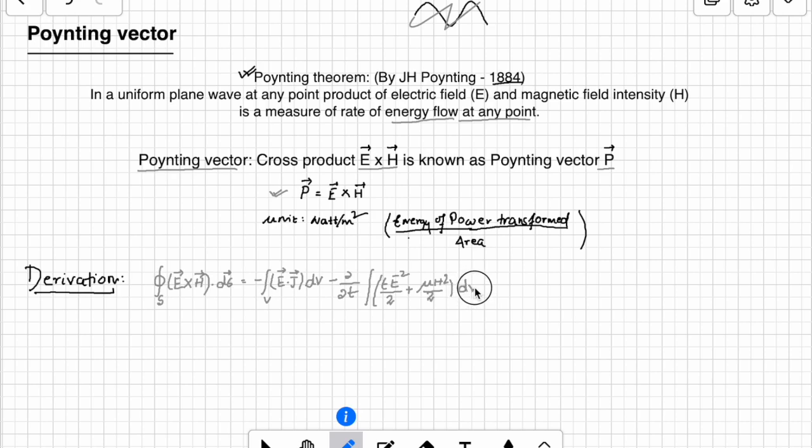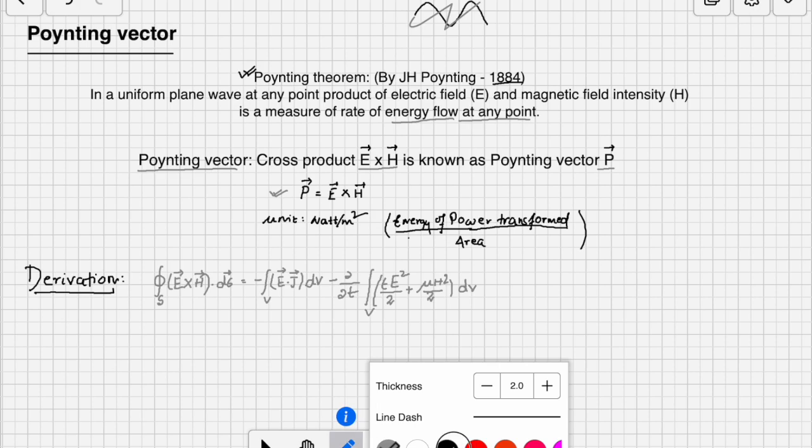So this is also a volume integral. If you look at the consistency of the equation, both are volume integrals on this side, and on the other side we have a surface integral. We've seen before that we can convert a surface integral to a volume integral using the divergence theorem, so we are going to use that later as well.